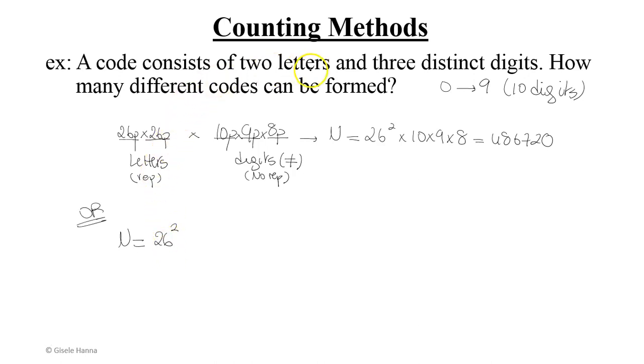Since we're choosing 2 letters out of the 26 with order and with repetition, that's 26 squared, times, for the digits, you're basically arranging 3 digits out of 10. So that would be P of 3 out of 10. If you were to find this on your calculator, it should give you exactly the same answer as the counting principle.